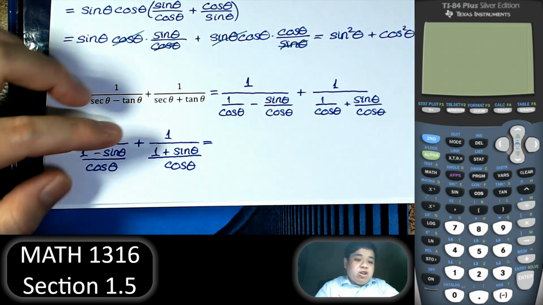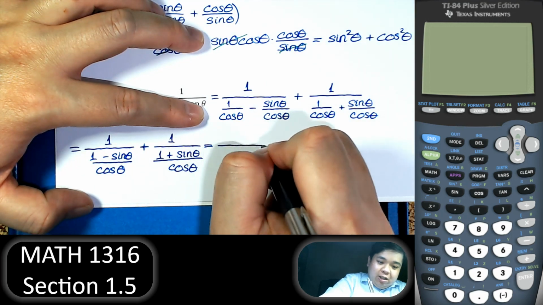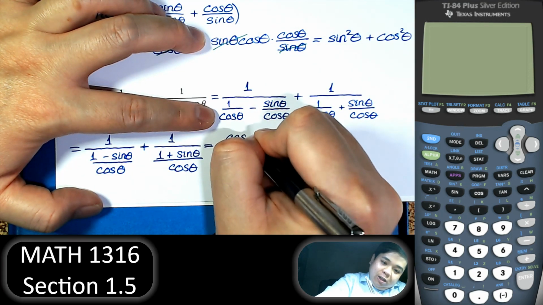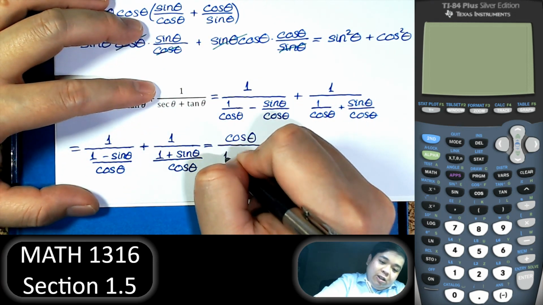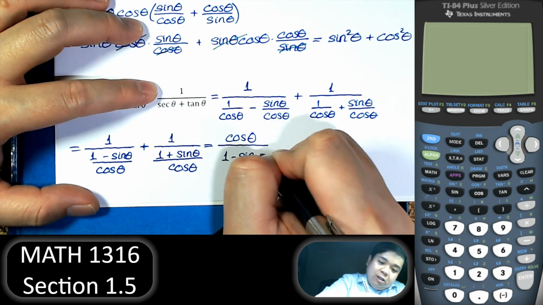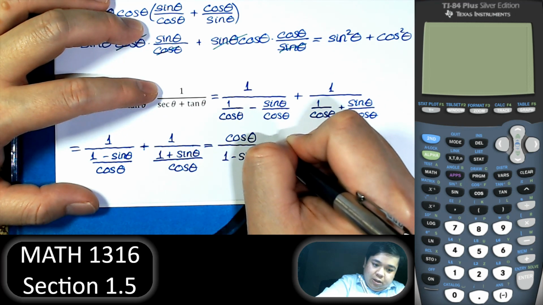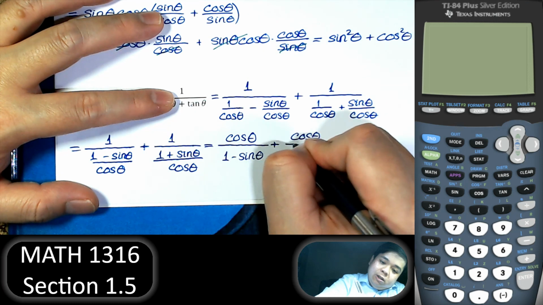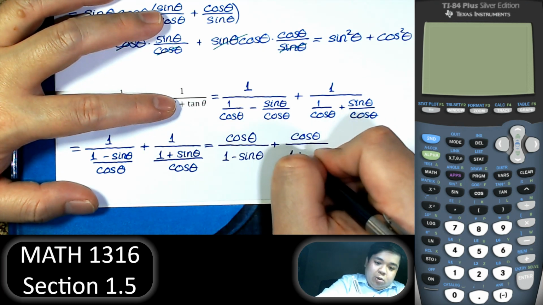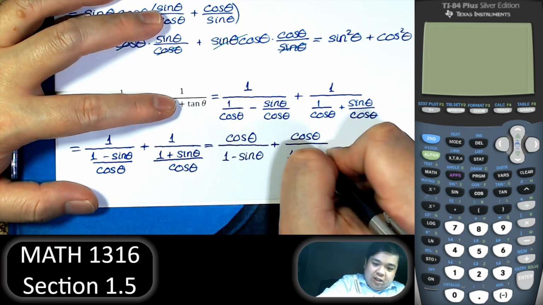Now dividing a fraction is multiplying by the reciprocal, right? So we have cosine. Just flip this: 1 minus sine, plus cosine, 1 plus sine, sorry.